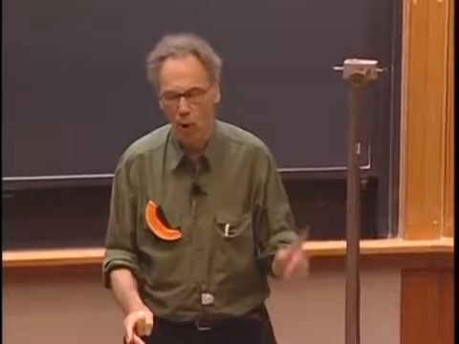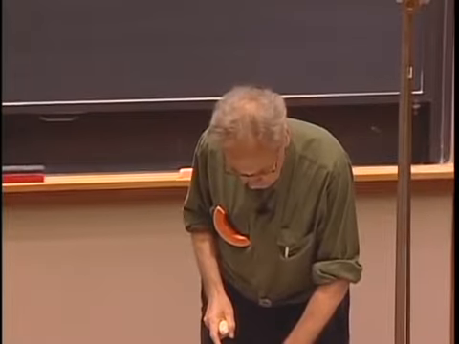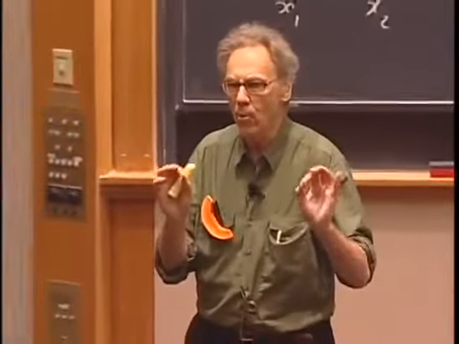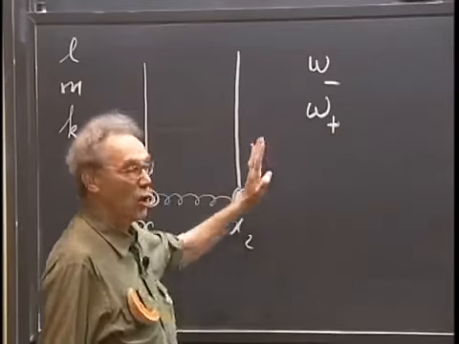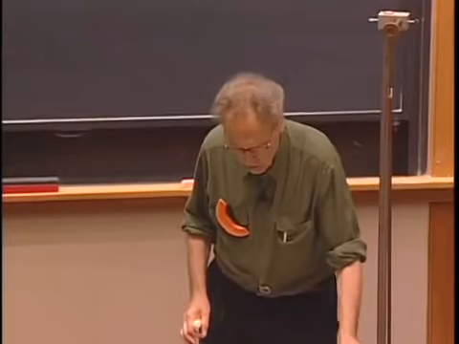So when one comes to a halt here, the other one comes to a halt there. That's what it means, 180 degrees out of phase. I can excite, and I will excite, this system into its normal modes only. I can excite this normal mode alone and this normal mode alone if I choose the correct initial conditions.